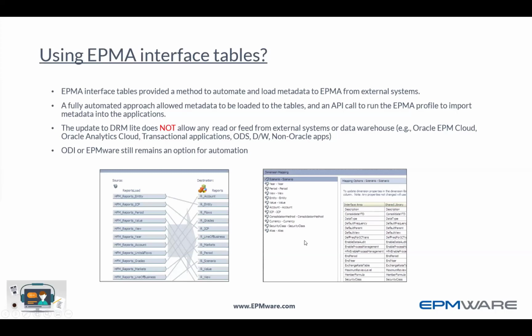Let's just say you're sourcing metadata from your ERP. You may have your chart of account segments pushing directly into EPMA using this method. So that's a common use case that we even see in EPMware. If you're not using this, then you might be using ODI. But again, a common example is either you're using EPMware or ODI to replace this automation.